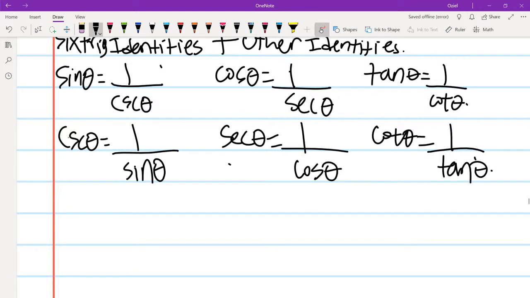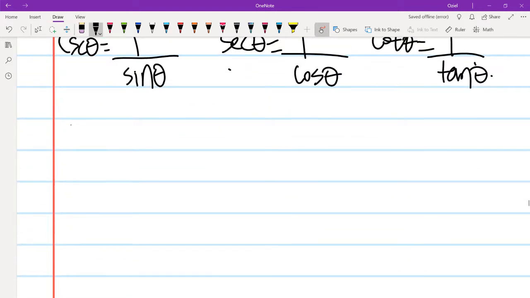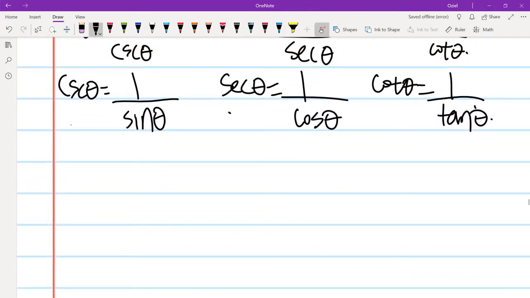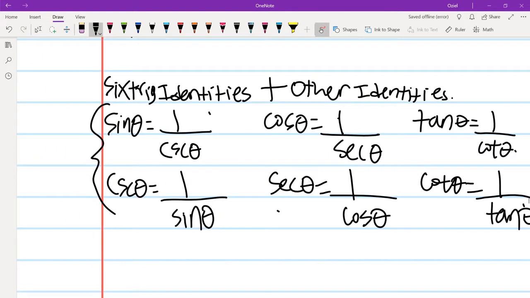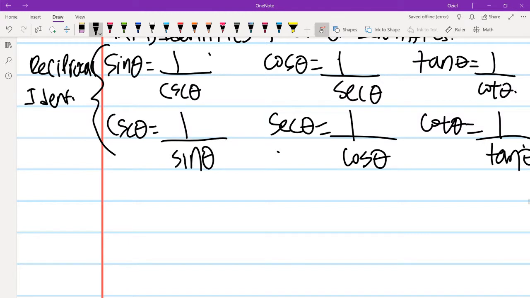So then those are the 6, I would call these reciprocal identities. These are the reciprocal identities that you would use.